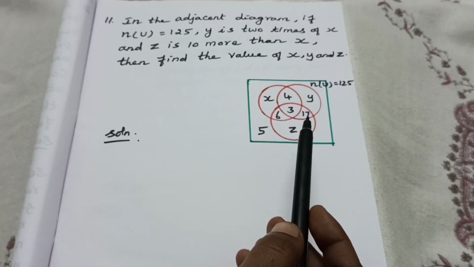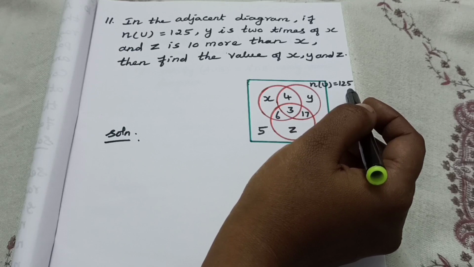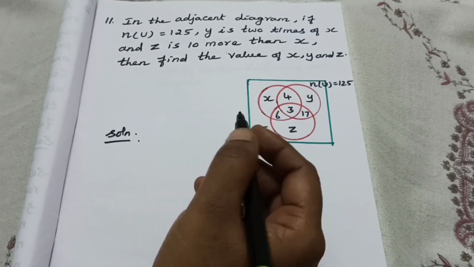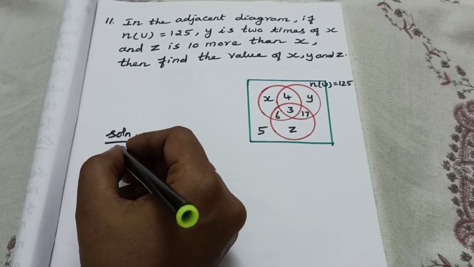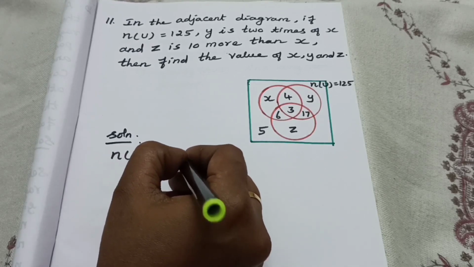Then, what is total given here? N of U is equal to 125 is given. Therefore we can write N of U equal to 125.